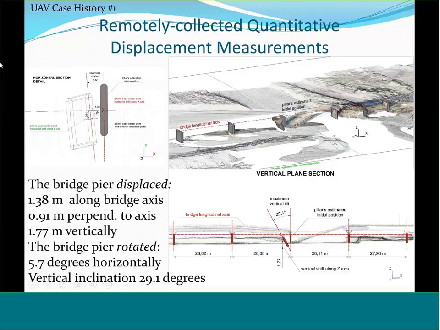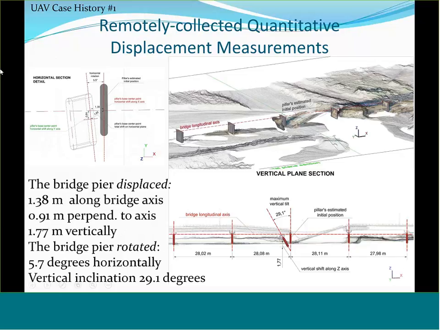In the next slide, you can see that once you have this model, you can do anything you want with it. You can cut a horizontal cross-section in the top left. You can remove the 3D point cloud points related to the deck and look below. You can cut a vertical plane section and measure things.